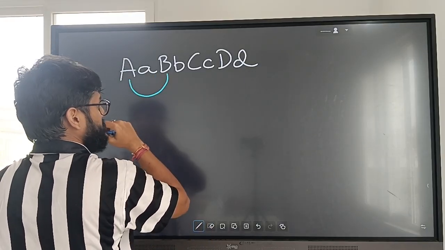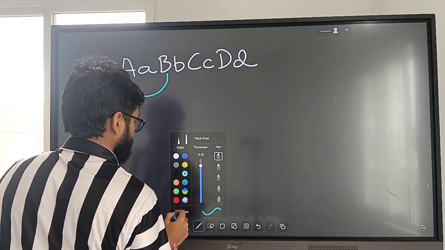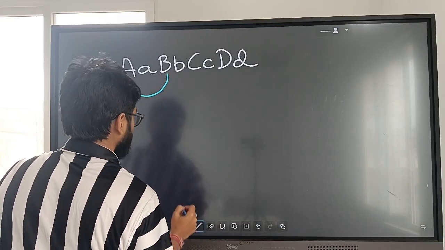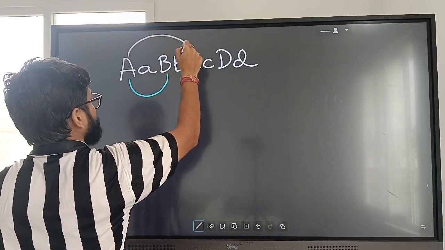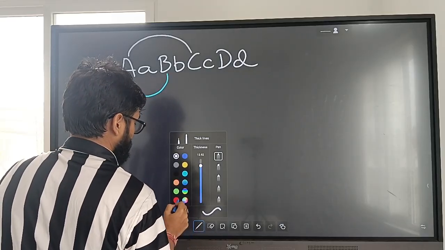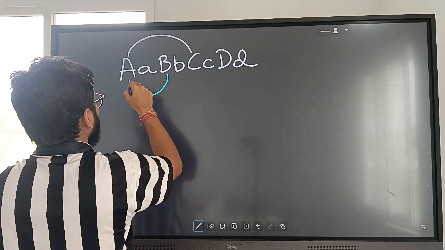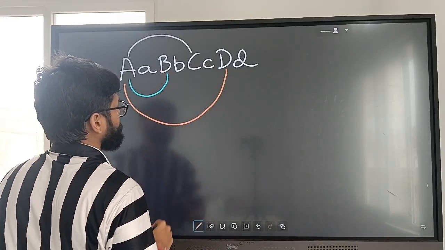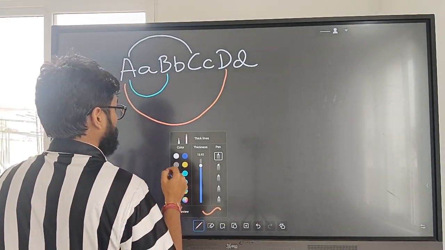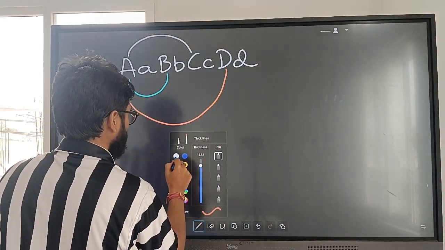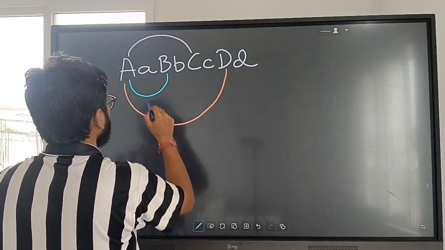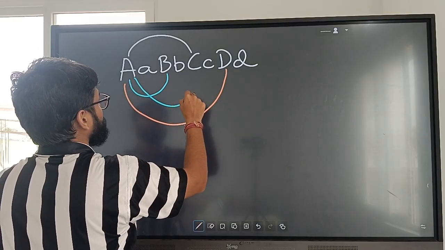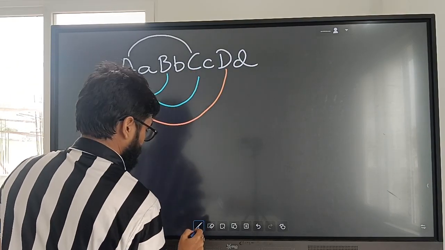A will go with B, correct? C also, and then with D also, correct? Capital. Similarly, A will go with small c.